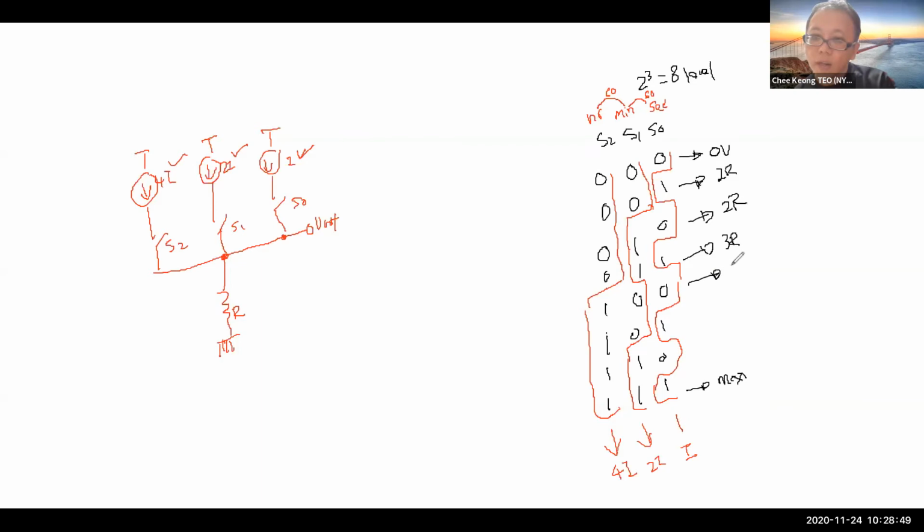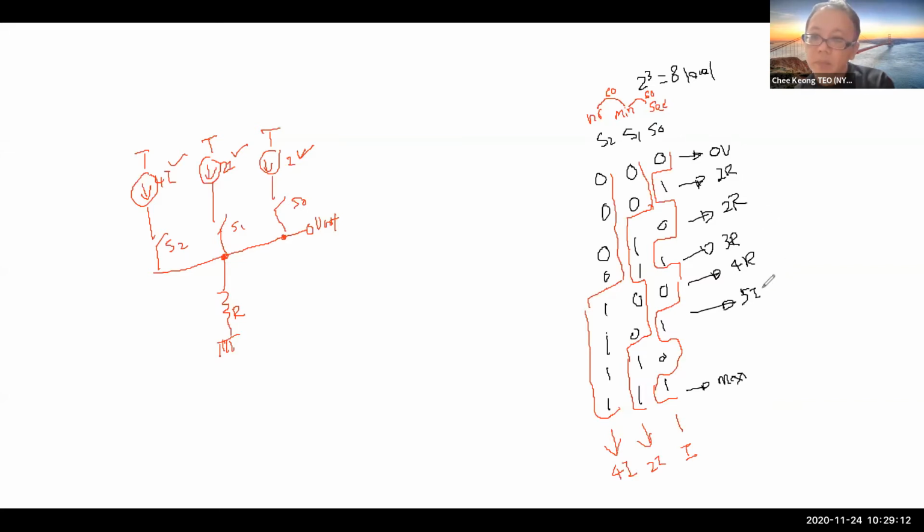And there's this 4R. 1, 0, 0 is 1. This is a 4R. The other two open. So this one, if it is 1, 0, 1, that means 4I plus I is 5I. Sorry, it should be I, not R. Sorry. 5IR.